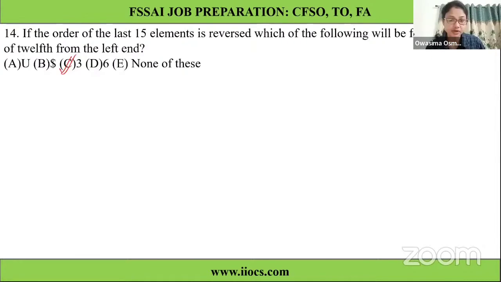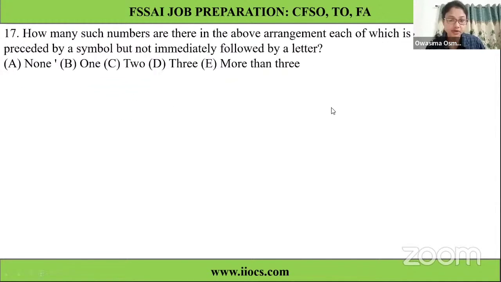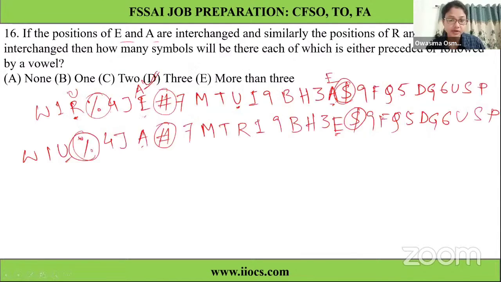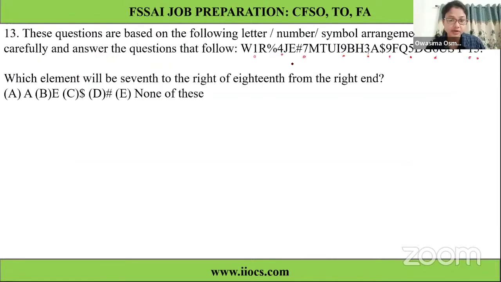So they ask how many such numbers are there in the above arrangement which are immediately preceded by a symbol but not immediately followed by a letter. Immediately preceded by a symbol is 4, but not immediately followed by a letter.